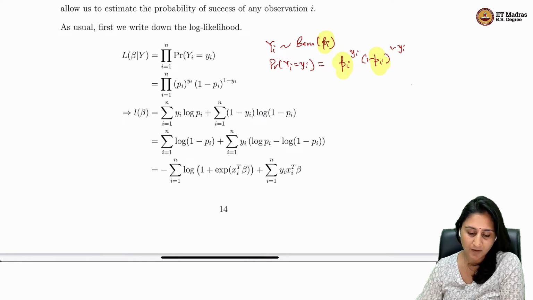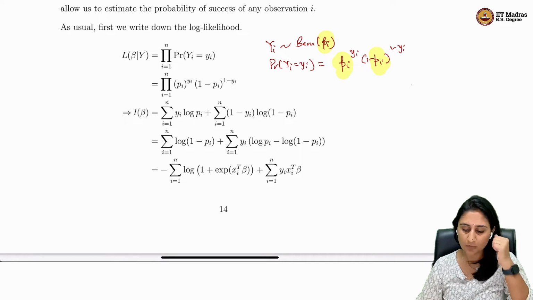Now, I have this expression here, and the 1 comes and multiplies with the other term, so this just gives me the summation of log of 1 minus pi. And then yi is common in these two expressions, so I bring yi outside, and I just get log pi minus log of 1 minus pi.